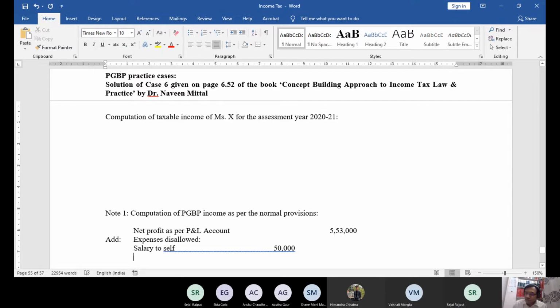Bonus paid to employee. Now the same 4,40,000 of salary, bonus and commission includes bonus paid to employees on 2nd November, 30,000. What is the treatment? Anyone who can tell me that to the employees bonus is paid 30,000 on which date? 2nd November 20. Anyone who can think of this point? Anyone who can throw a light on this treatment?